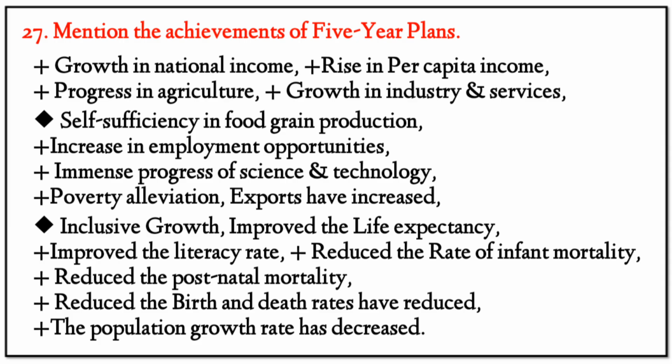Growth in the national income, rise in per capita income, progress in agriculture, growth in the industry and service sector, self-sufficiency in food grain production, increase in employment opportunities, immense progress of science and technology, poverty alleviation, exports have increased, exclusive growth, improved life expectancy, improved literacy rate, reduced infant mortality, reduced postnatal mortality, and reduced birth and death rates. The population growth rate has decreased.